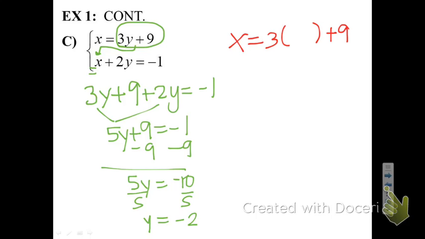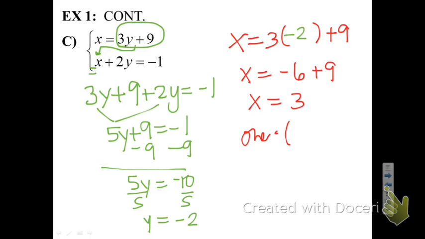And the y that we just found was -2. And we get x equals -6 plus 9. Add those together to get 3, which leaves us with one solution located at (3, -2). Again, that means that these two lines will cross and they will intersect at (3, -2).